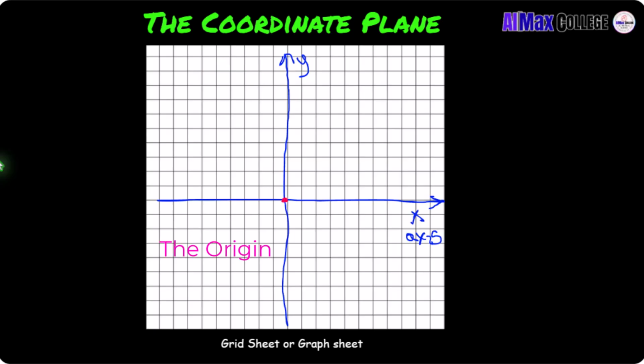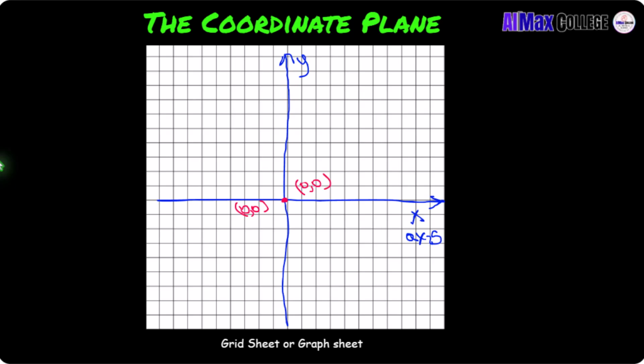The origin has coordinates 0, 0. The plane is divided into 4 sections.